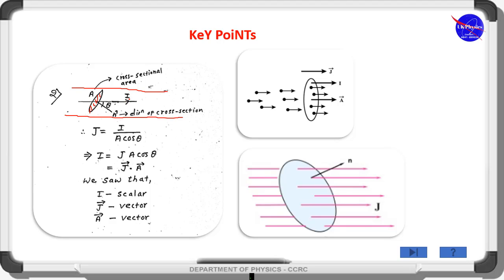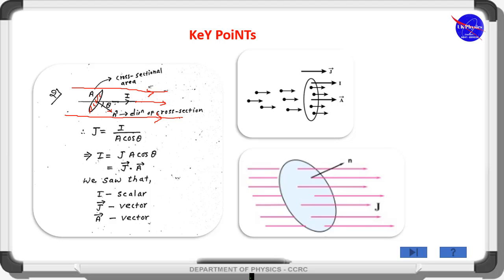Inside the conductor the current is flowing this way, and here is the cross section which is supposed to be in this orientation. In this case the direction of the cross-sectional area is this one, which is represented by the unit vector. It gives the direction of the cross section.